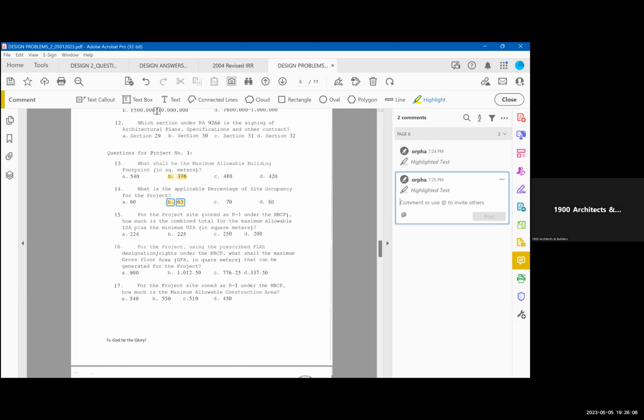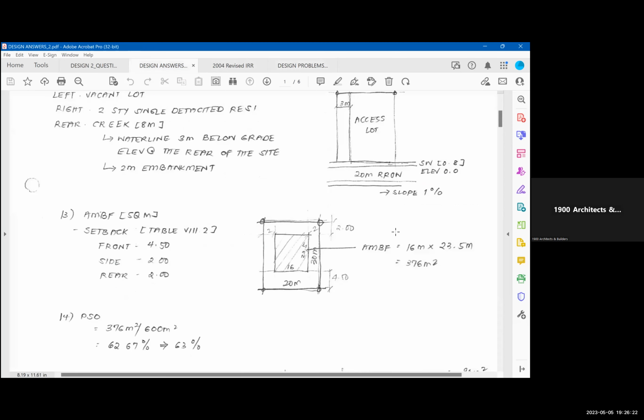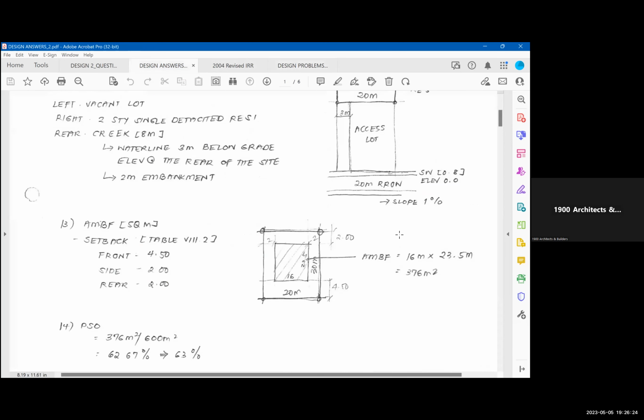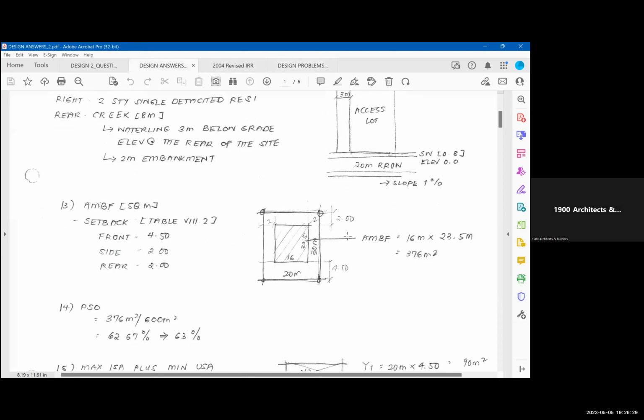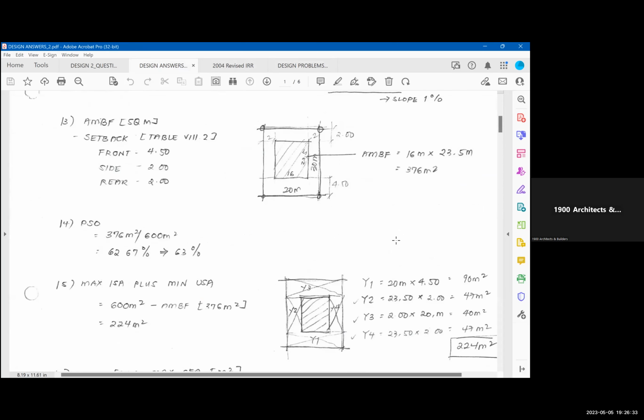So, paano naman natin makukuha ang ISA and USA? Okay. So, for the maximum ISA plus minimum USA, yan, kukunin natin yung computation.